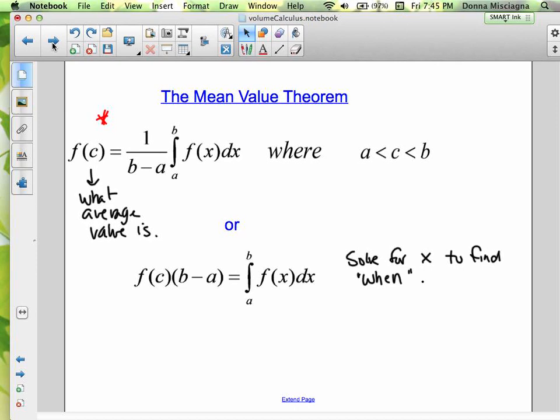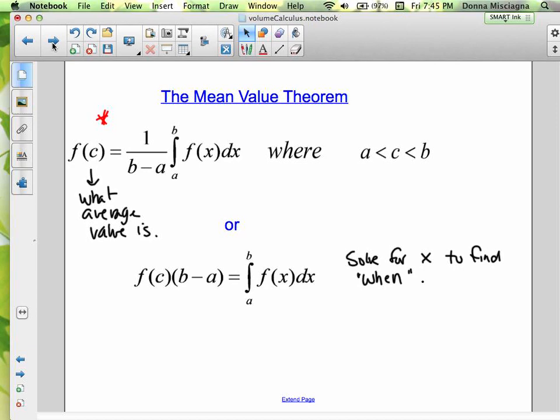When we have an answer, whatever that answer is, 50 miles per hour, that was what the average is. We're going to add a little extra part to it and find out when. For what x value was our function equal to the average? So we're just going to add one little piece to it. We've got to find the when.